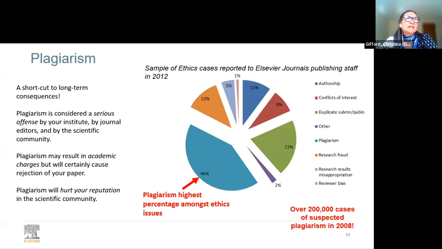So plagiarism is considered a very serious offense by your institution, the journal editors, and by the scientific community as a whole. And it can result in academic charges and will certainly cause the rejection of your paper. So it can hurt your reputation in that scientific community. So always be very, very cautious and vigilant in your papers.